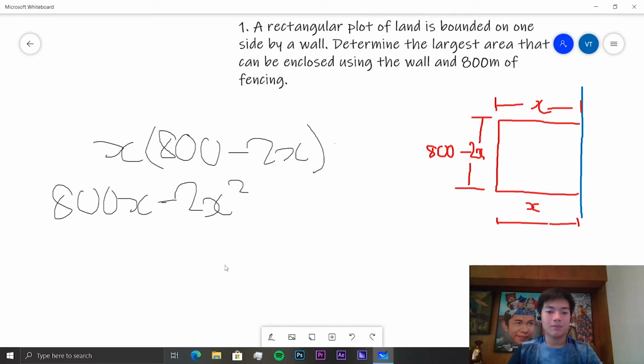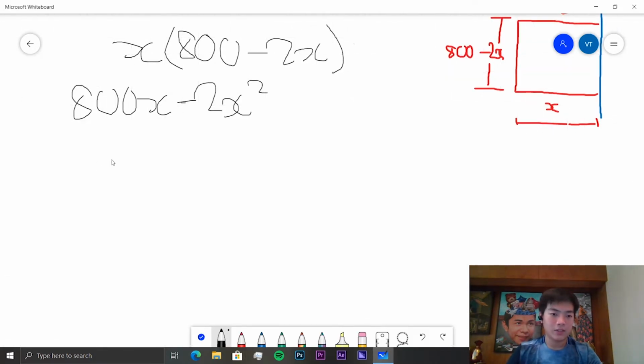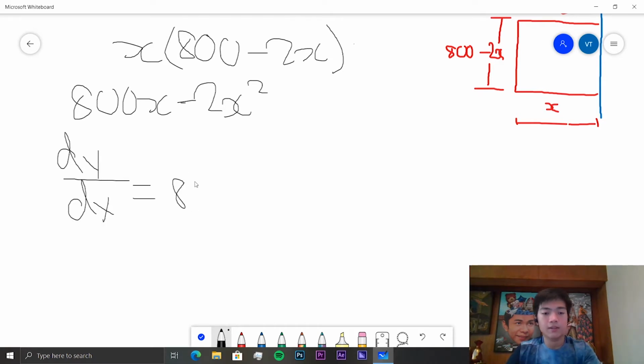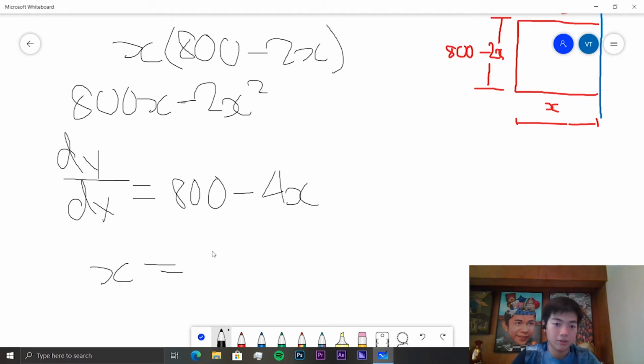So to get the maximum, let's find the derivative of this function. So dy over dx is equal to 800 minus 4x, and so we have the maximum area will be when x is equal to 800 over 4, or in other words 200. So if x is equal to 200, this will enclose the maximum area.